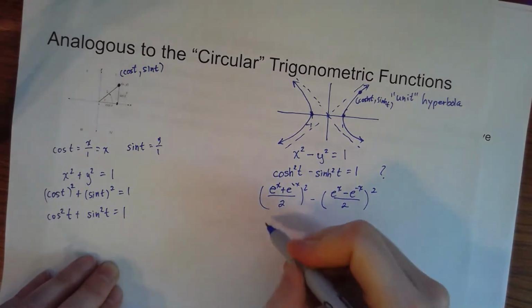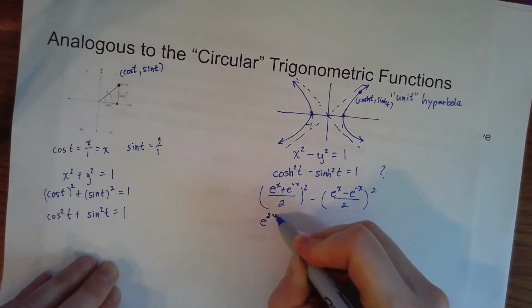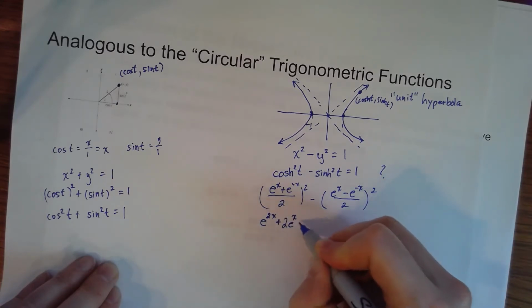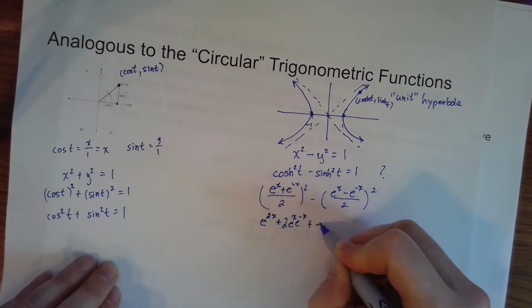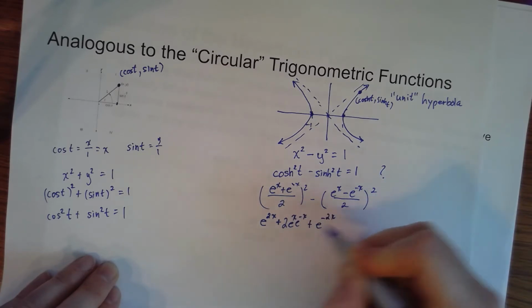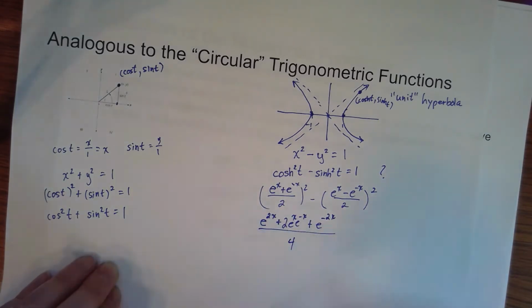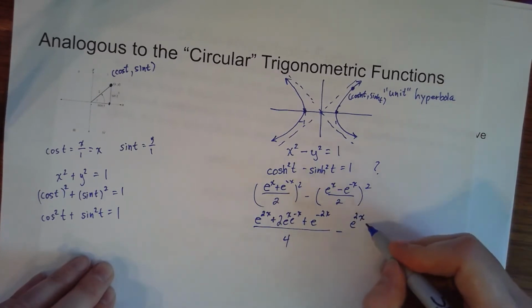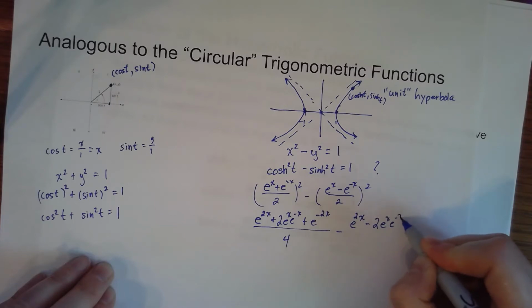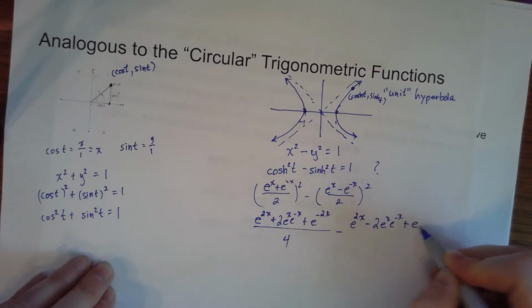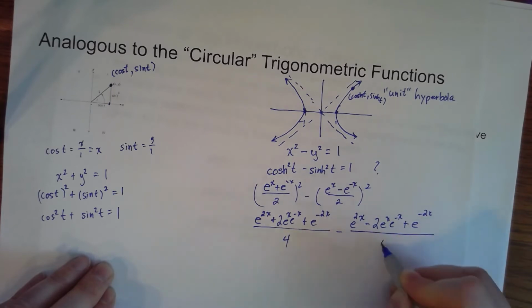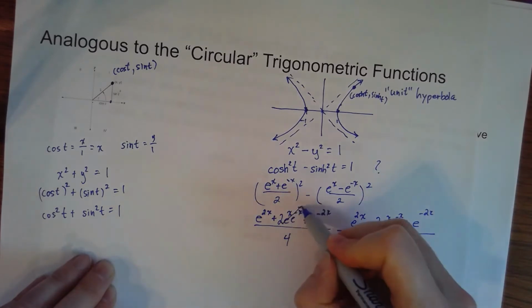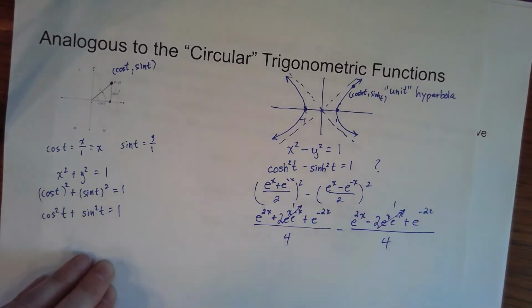When we square the first one, we'll get e to the 2x plus 2 e to the x e to the negative x plus e to the negative 2x over 4. And for the second one, we get e to the 2x minus 2 e to the x e to the negative x plus e to the negative 2x over 4. Now e to the x times e to the negative x is just 1, in both cases.